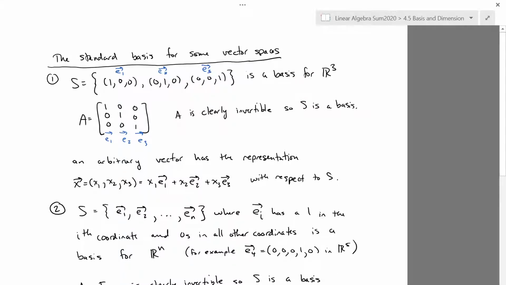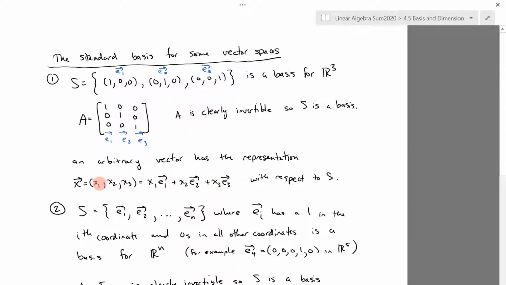Basically, if you take an arbitrary vector in 3-dimensional space, say vector x has components x1, x2, and x3, we can write our arbitrary vector in terms of the basis vectors in exactly this way, where the 3 components of our vector form the coefficients for the basis vectors.